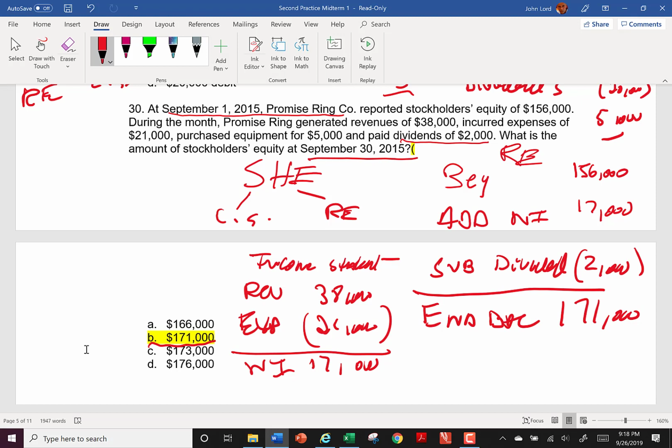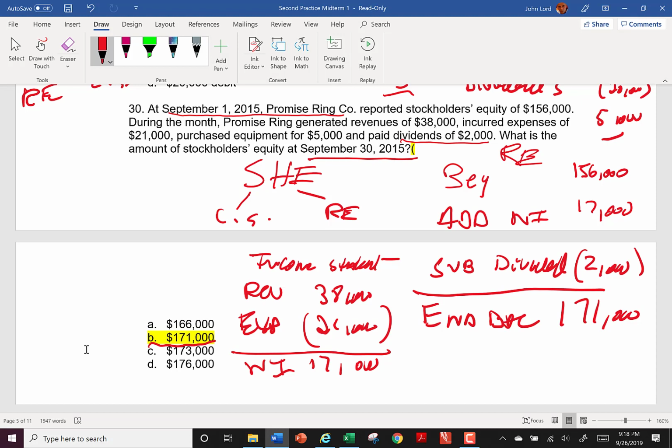Would you be able to just subtract the retained earnings from that on the common stock? If they asked me for the common stock here, I would have to. But I don't know what the retained earnings is.